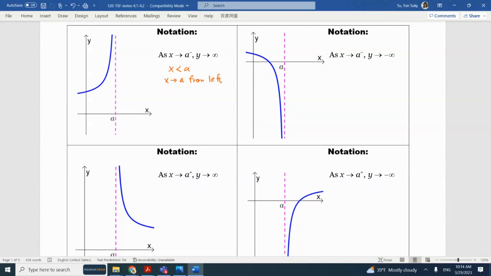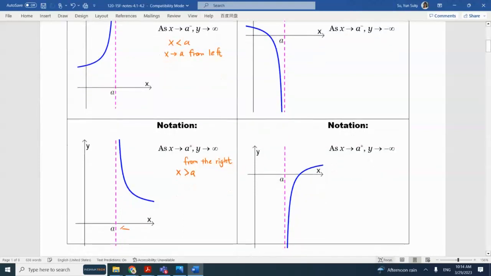And here, left or right? Right. So x goes to A from the positive side, from the right. Positive means from the right, so x is bigger than A, approaching A from the right. And this is the top, so y goes to infinity.